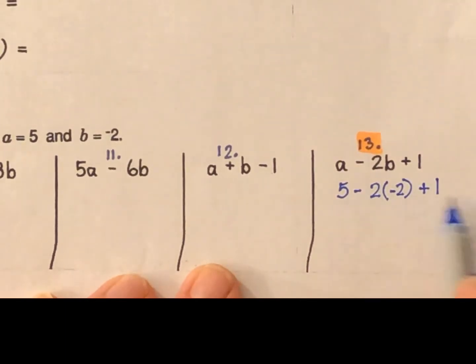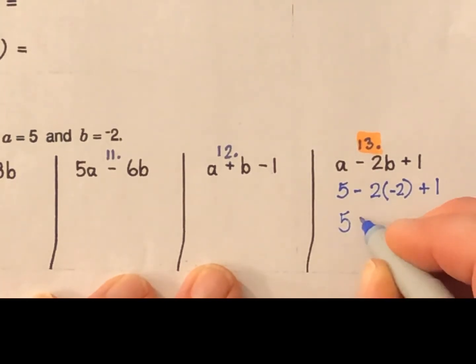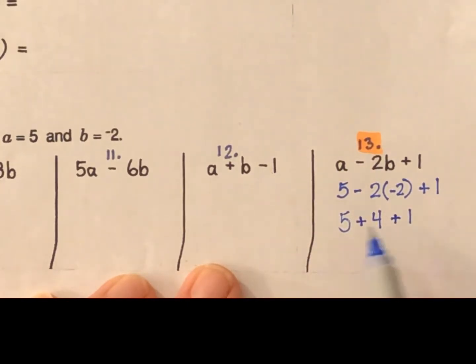We do multiplication first. 5, -2 times -2 is +4 plus 1. 5 plus 4 is 9 plus 1 is 10. That's enough to get you through page 17 on your own.